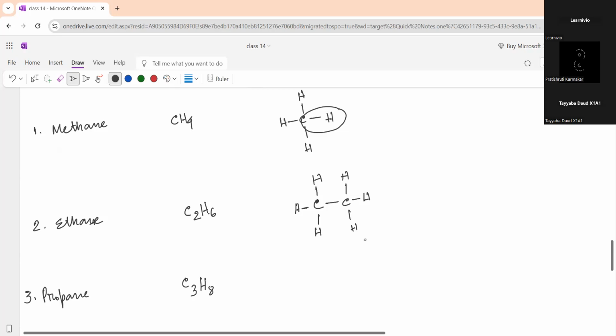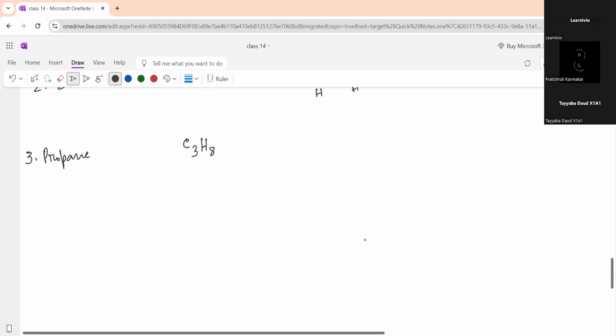Correct. Then we will have, I am not drawing the structure anymore, after propane, butane, which is C4H10. Then we will have pentane, C5H12. Then we have hexane, C6H14.